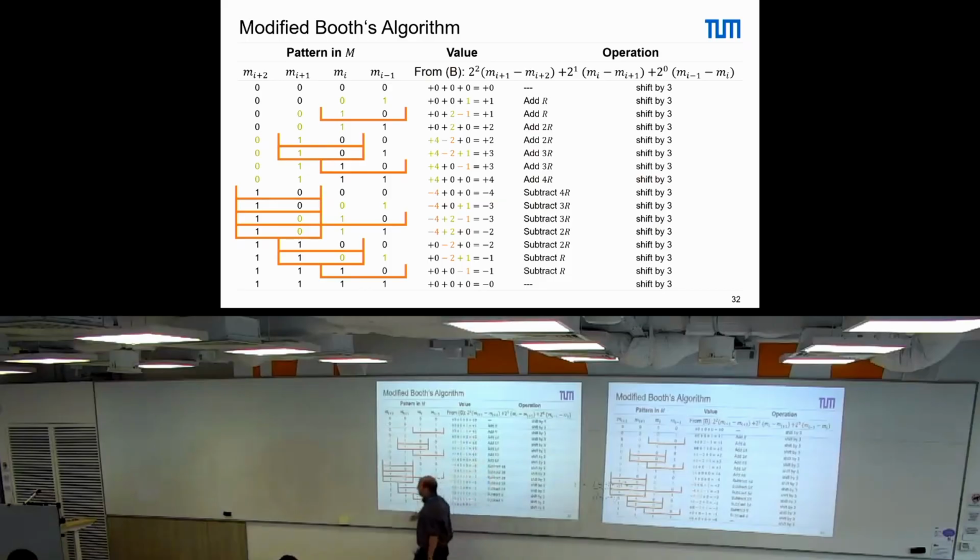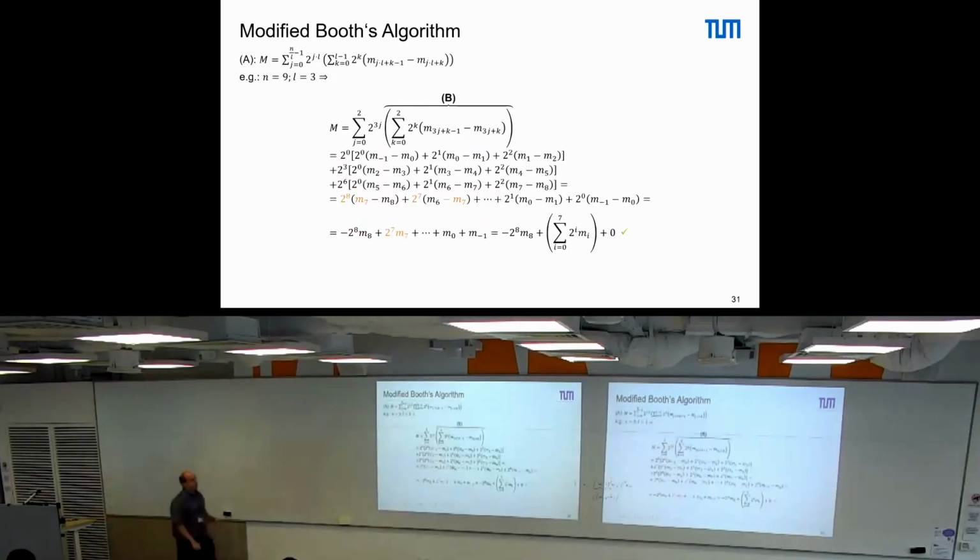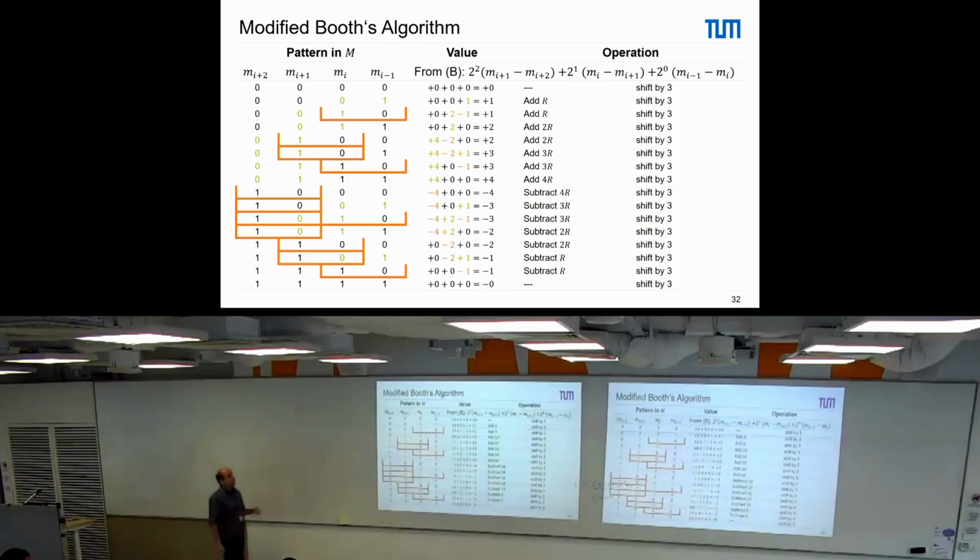At the same time, the rule says these are powers of 8. Powers of 8 means instead of shift by 1, shift by 3. So we shift now by 3, and the overall rules look like here.